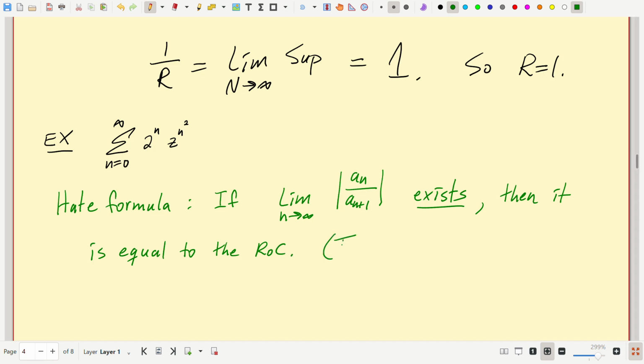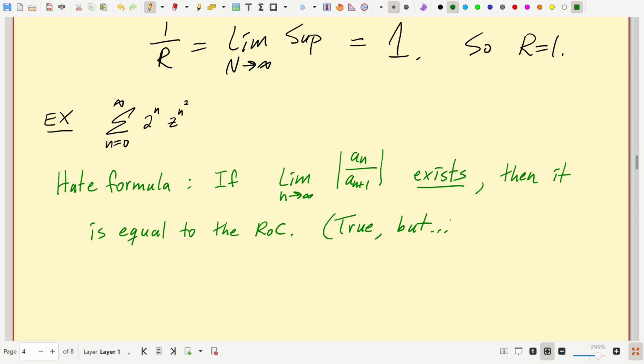This is true, but if there's lots of gaps in the series, like there is in this case, a lot of those a_n's are 0 if it's z to the n squared. And so that formula would be useless there. True, but often some of the coefficients are 0 and you can't divide by 0 in that formula.